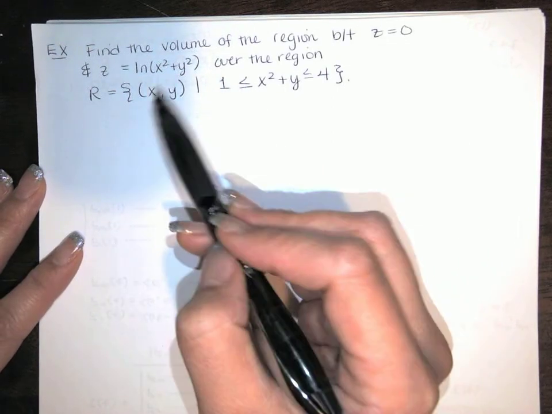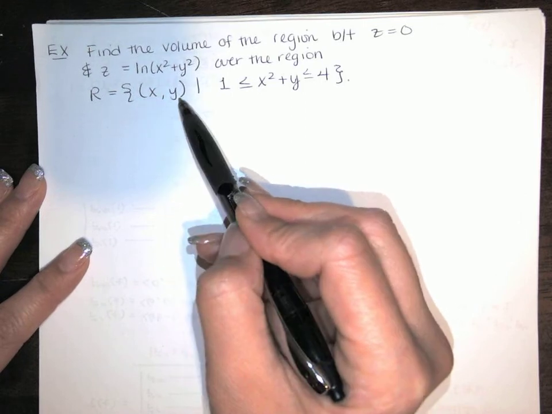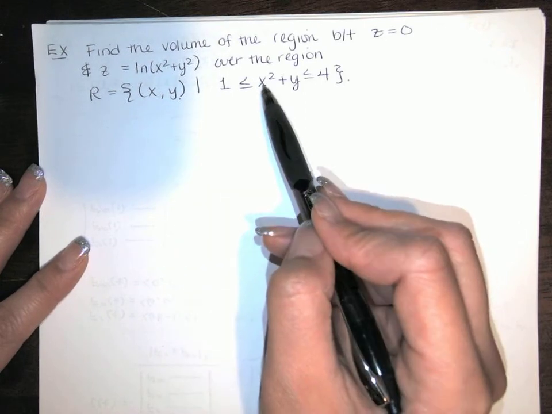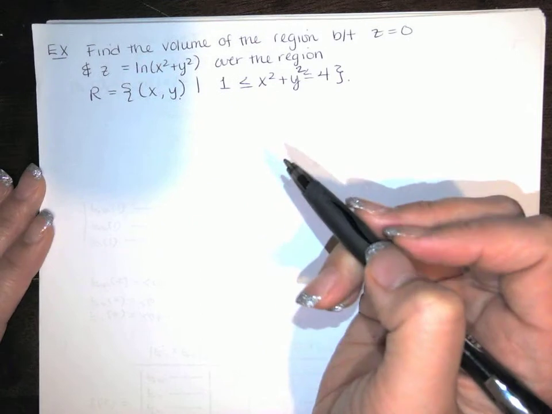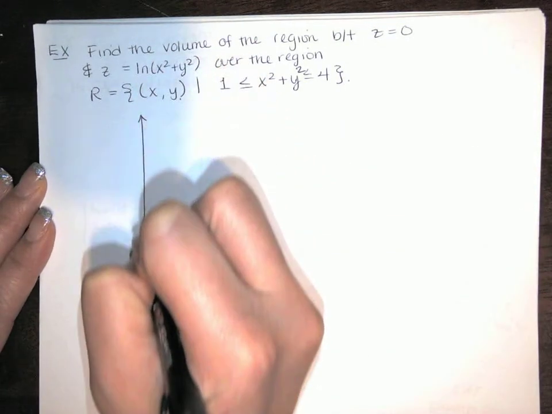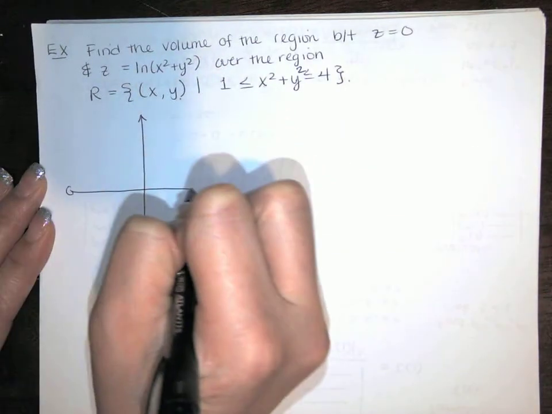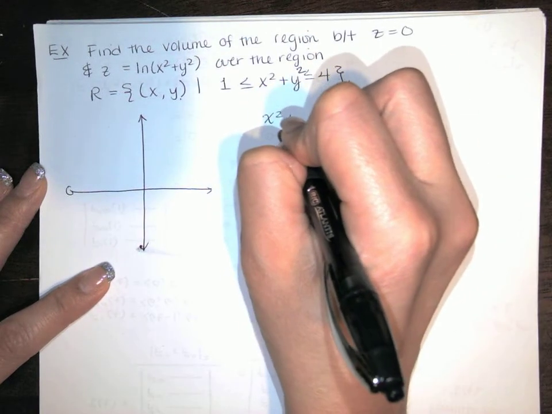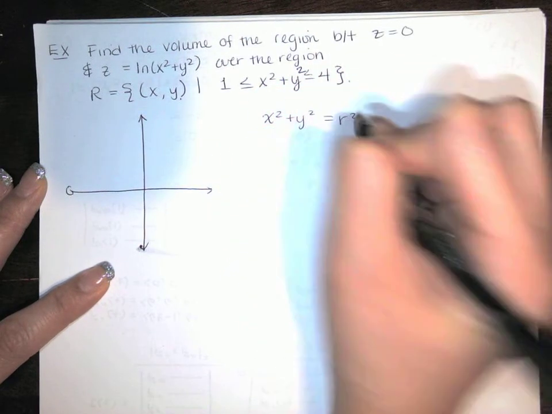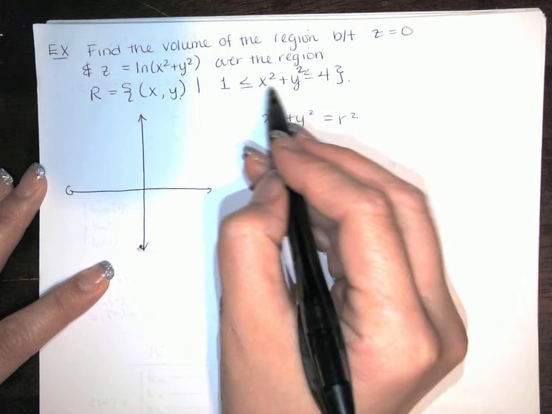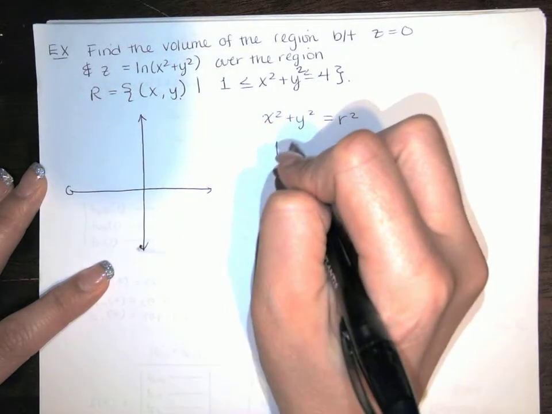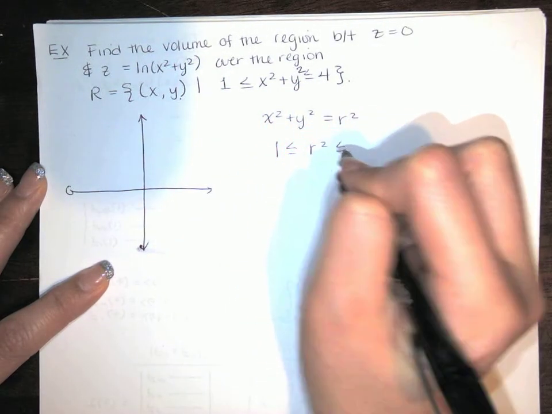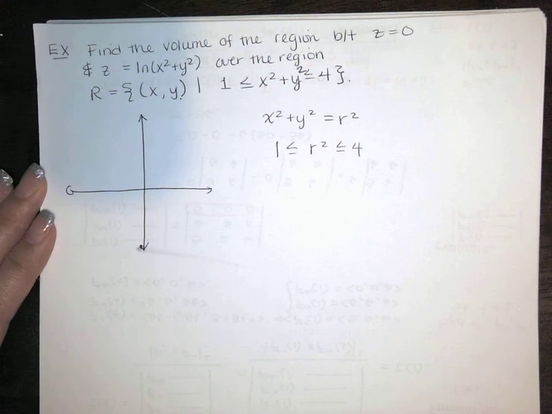Over the region R, where R is a set of xy pairs, such that x squared plus y squared is between 1 and 4. Well, remember what x squared plus y squared is. x squared plus y squared is r squared. So if we're saying that x squared plus y squared is between 1 and 4, what we're really saying is r squared is between 1 and 4.